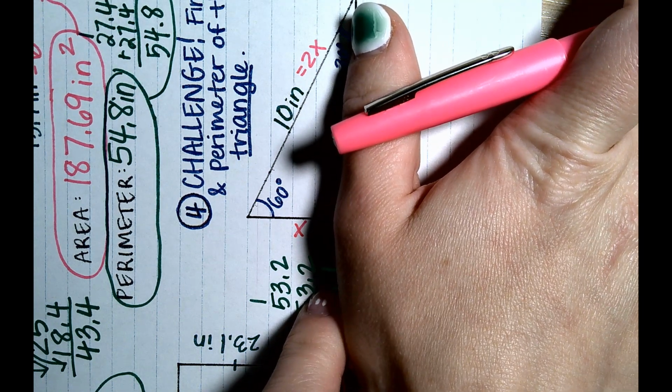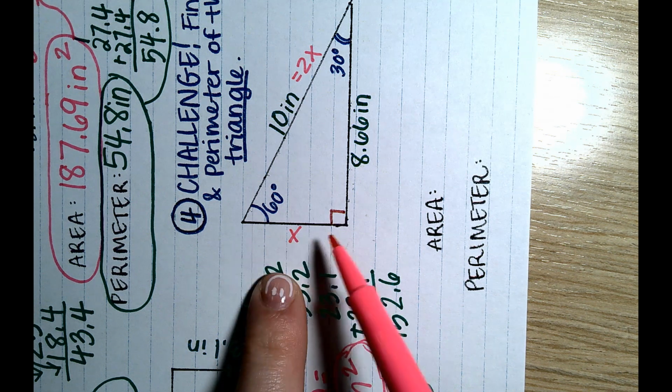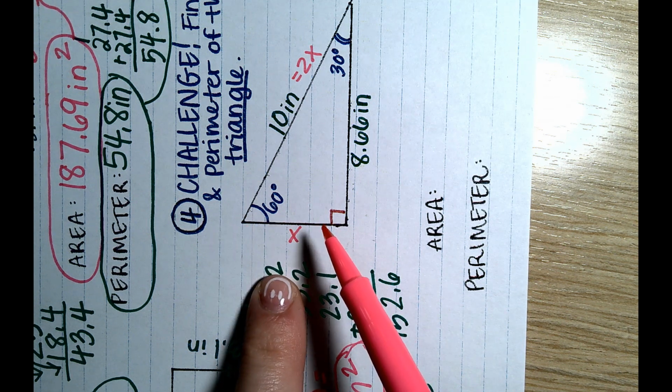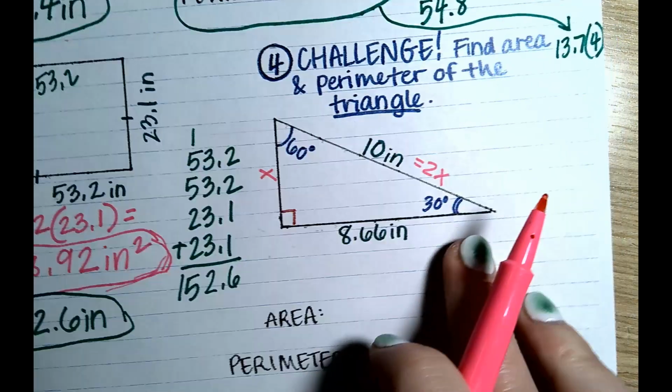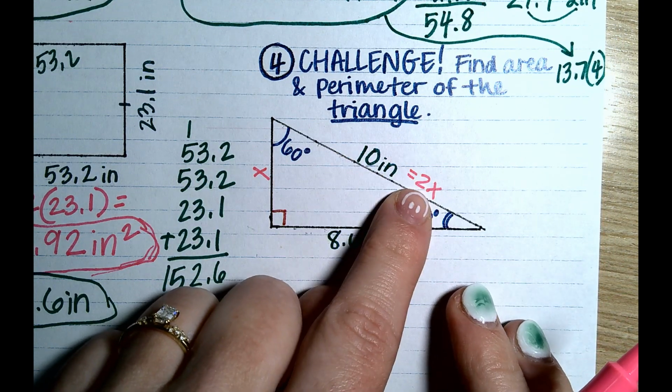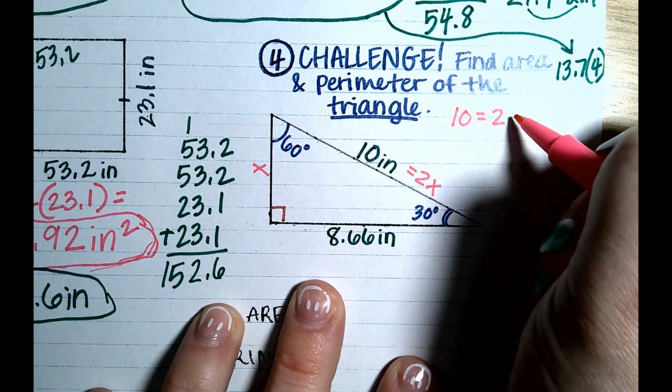It's not important for this one. Because what we needed to do was find this missing side length so that we could find our area. So Erica saw, well, if 10 is 2x, then we can solve for x. So we did that first.